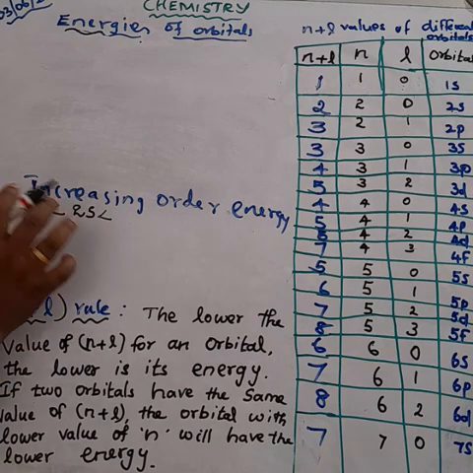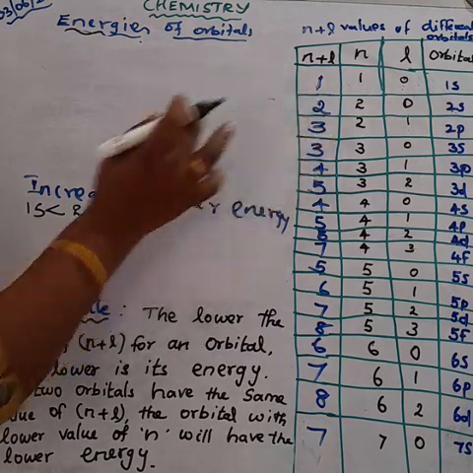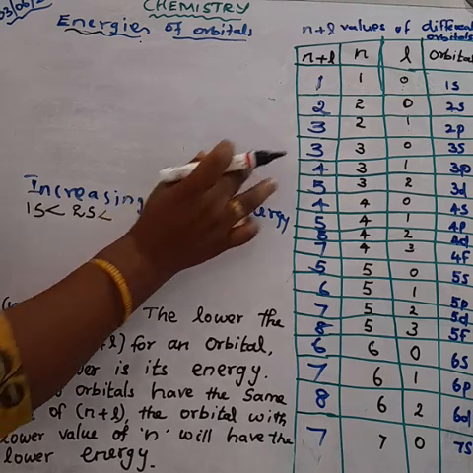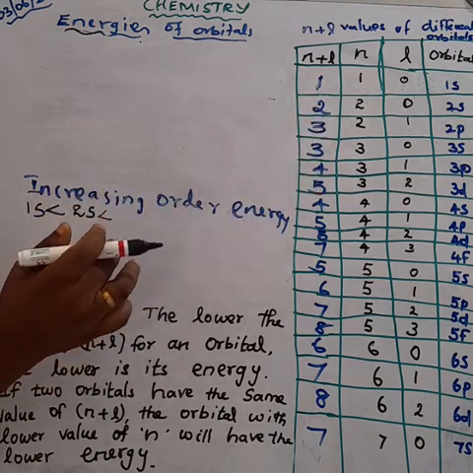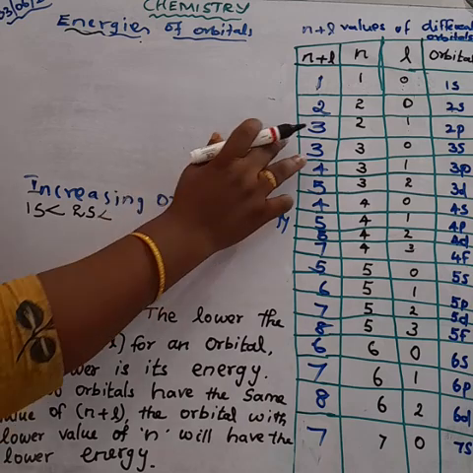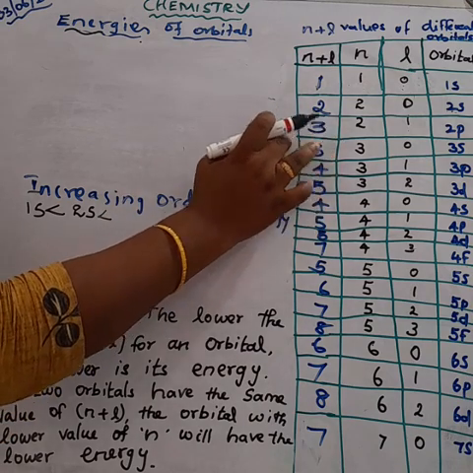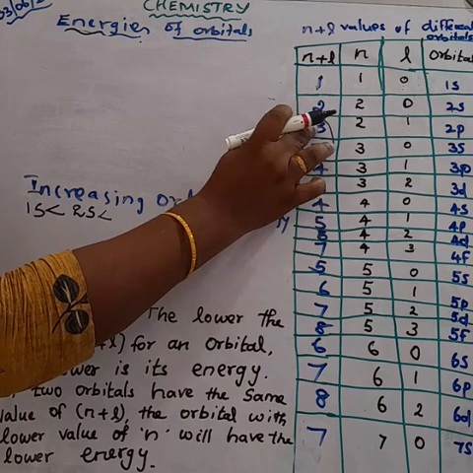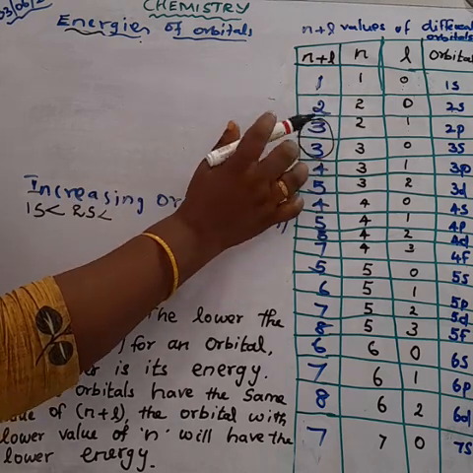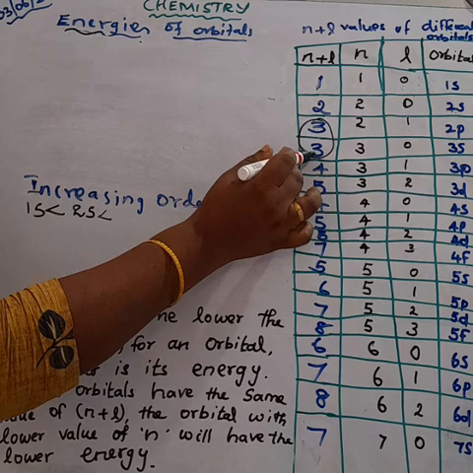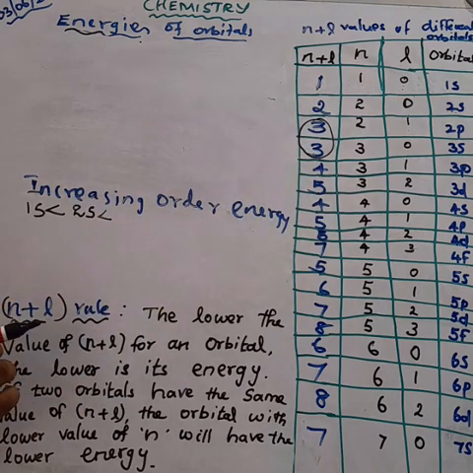And after that 3. The next lowest n plus l value is 3. But here two orbitals have the same n plus l value. Okay, what are the two with the same n plus l value? Two values are 3 here.